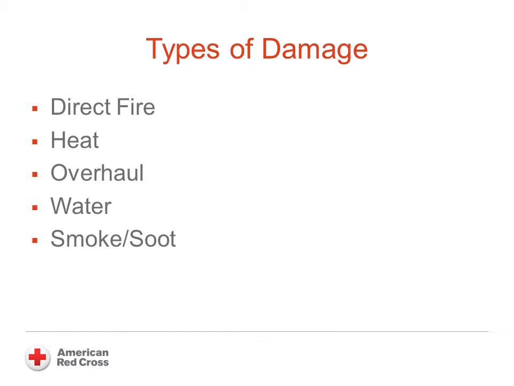So if all of their clothes have been destroyed and they have a verified need for assistance because they have no other way to get clothing, then that is where our assistance will come in. It's based off the damage and the need. So we need to be very meticulous in our damage assessment to understand and take in that need part of the conversation, because that will help us drive those conversations with the clients to determine the best possible assistance that we can provide at the scene of the fire for the residents.